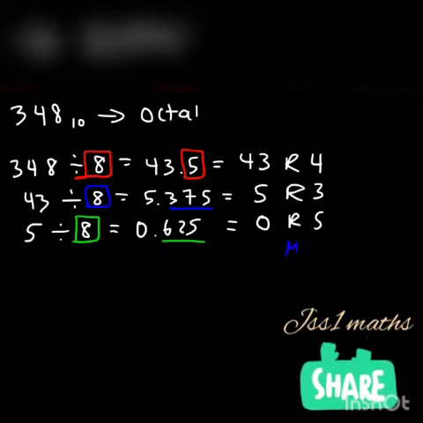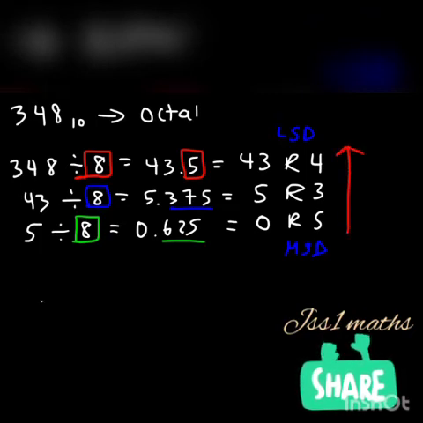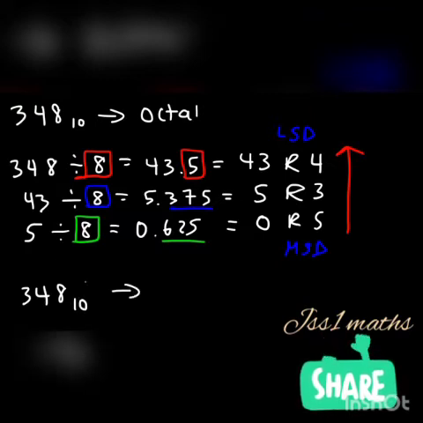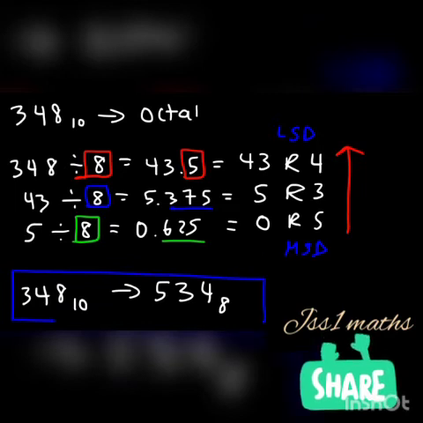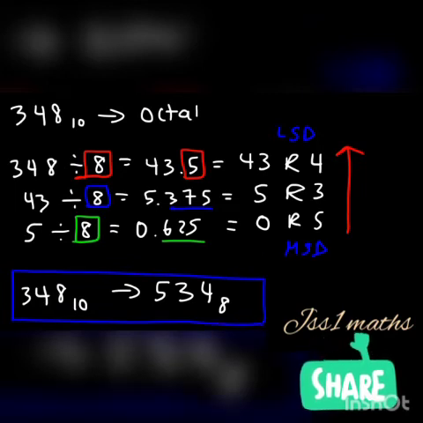So this is the most significant digit, and above we have the least significant digit. So we're going to read it from the bottom to the top. So 348 base 10, as a decimal number, is equivalent to 534 in the octal system. And so that's how you can convert a decimal number into an octal number using successive division.